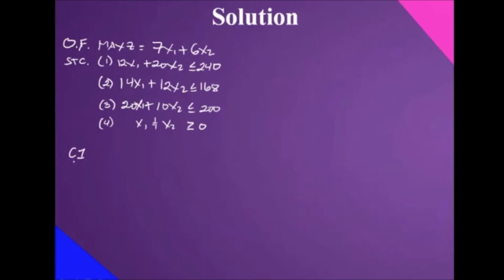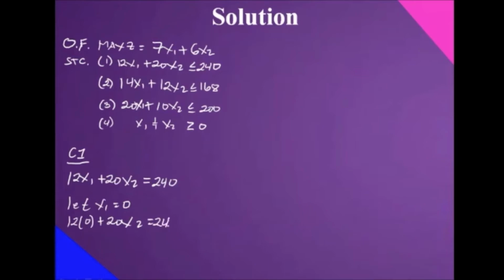Isiwan na lang natin siya para maalala natin na constraint 1 yan. So, for the first constraint, we have the equation 12 x sub 1 plus 20 x sub 2 equals, equality na po, 240 para makuha na natin yung sagad agad siya. Naka-equate agad siya sa 240. So, let's have our x sub 1 to be 0 para ang una nating makuha is yung value ng x sub 2. So, 12 multiplied to 0 plus 20 x sub 2 equals 240.